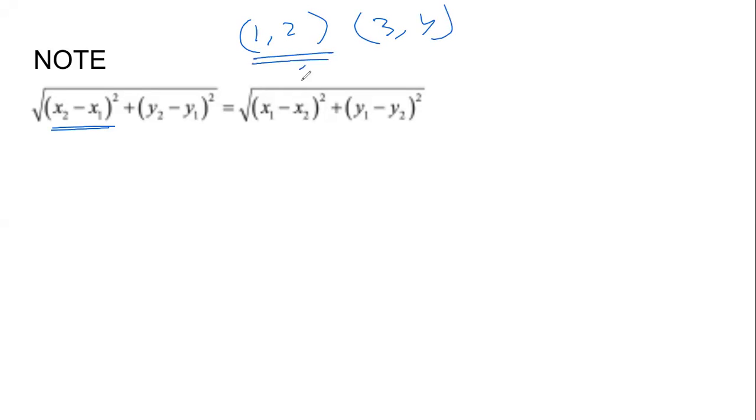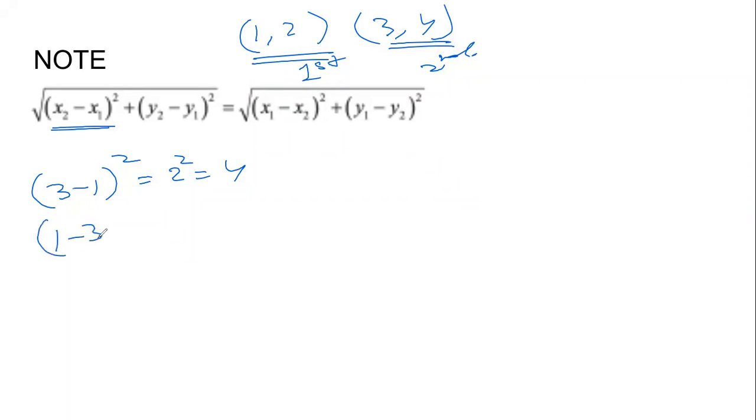Suppose this is the first point and this is the second point. So x2 minus x1 will become 3 minus 1. Uska square karo, which is 2 ka square, which is 4. Lekin beta, if we write 1 minus 3, then what happens? Then it becomes minus 2 ka square, then also equals to 4.